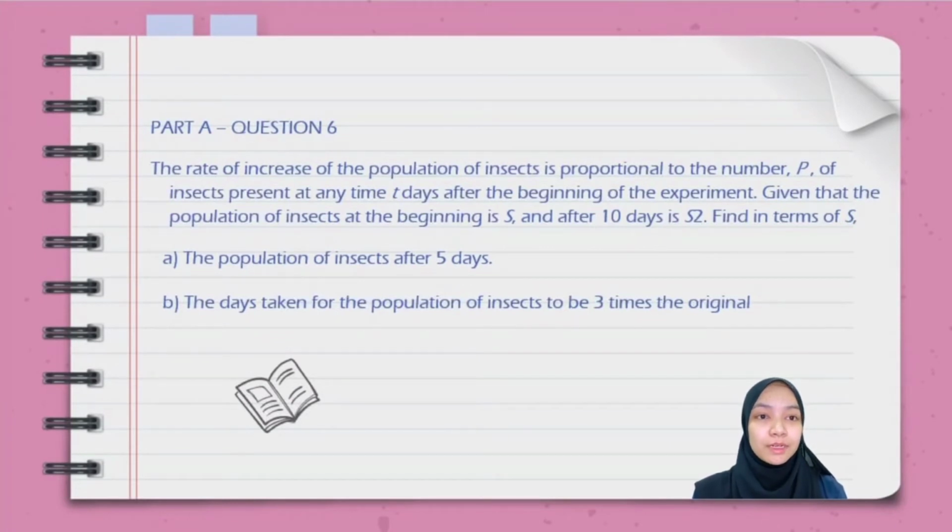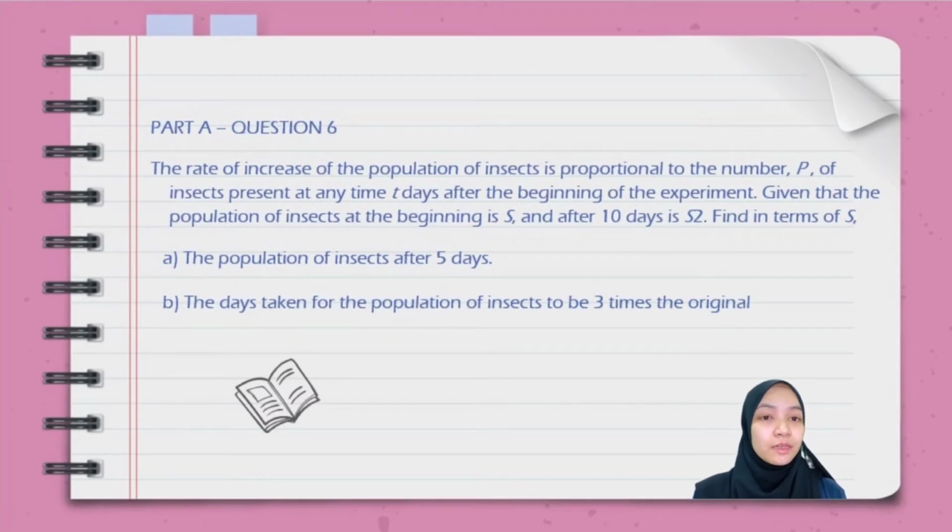My matric number is AA200073. For question 6, part A, the rate of increase of the population of insects is proportional to the number P of insects present at any time, t days after the beginning of the experiment.